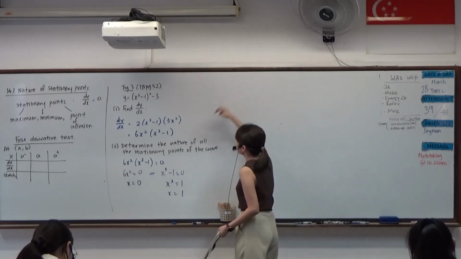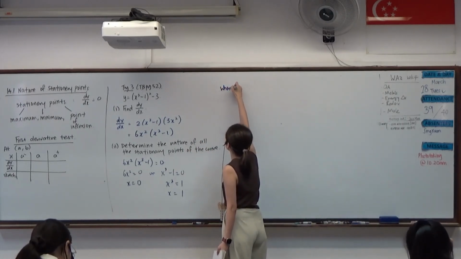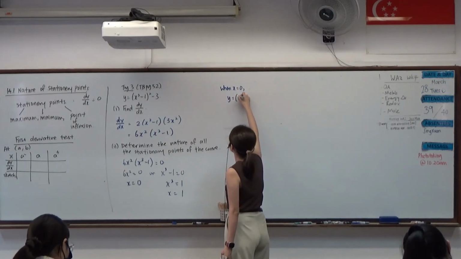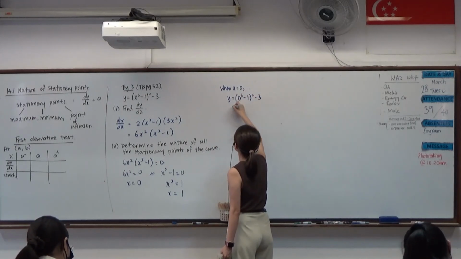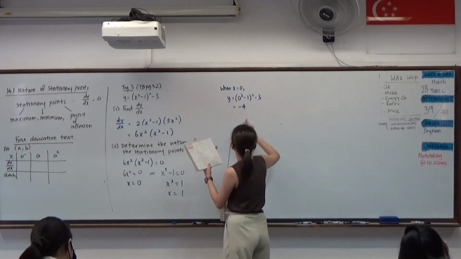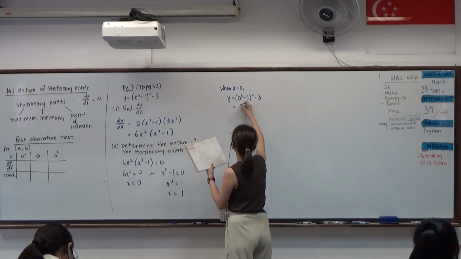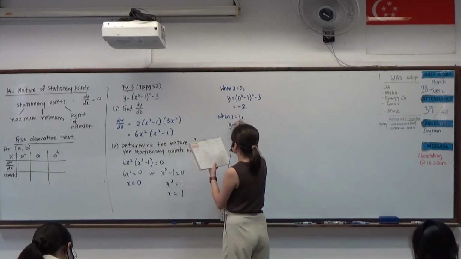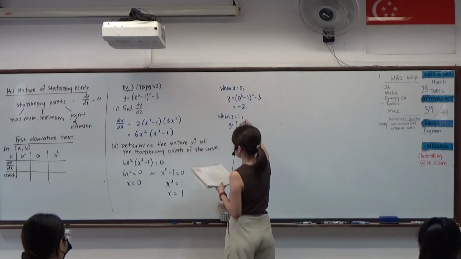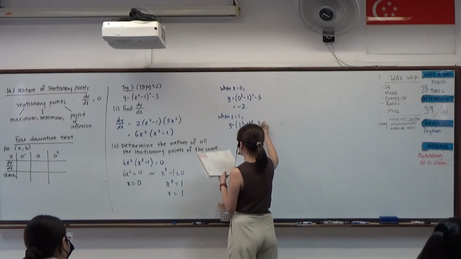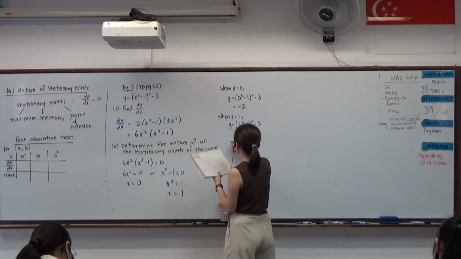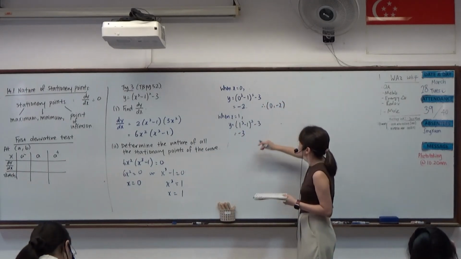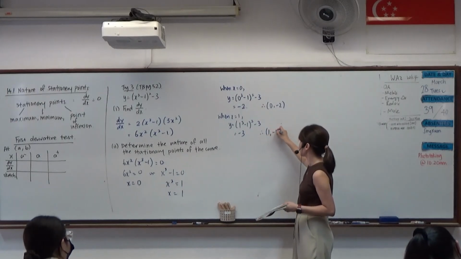Having found the x coordinates already, we proceed to find the y coordinates. Therefore we have the coordinates of two stationary points, (0, -2) and (1, -3).